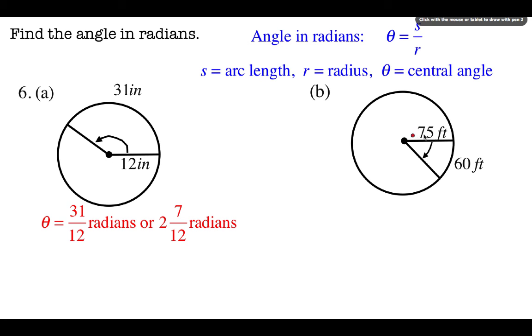B, you have the radius, 75 feet. Well, let me highlight this again. Again, you probably know this, but just to make sure, this is the radius, the distance from here to here, and the distance from here to here is the S, which is the arc.